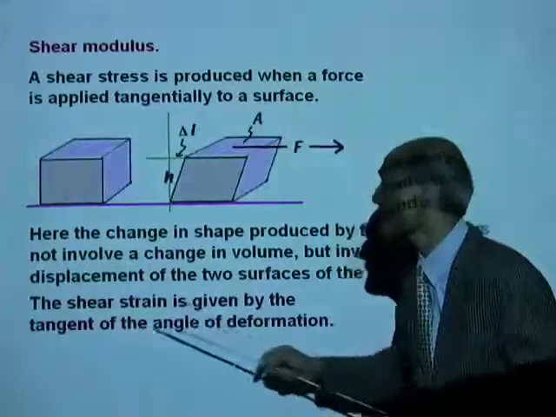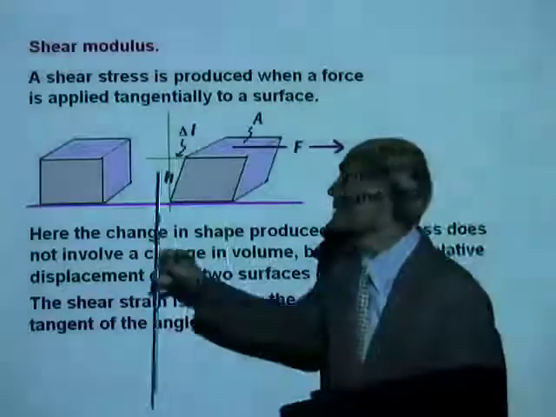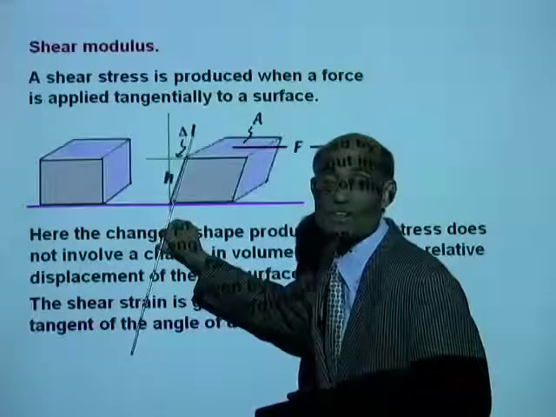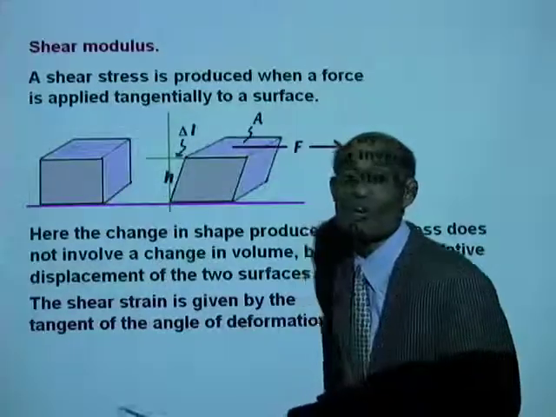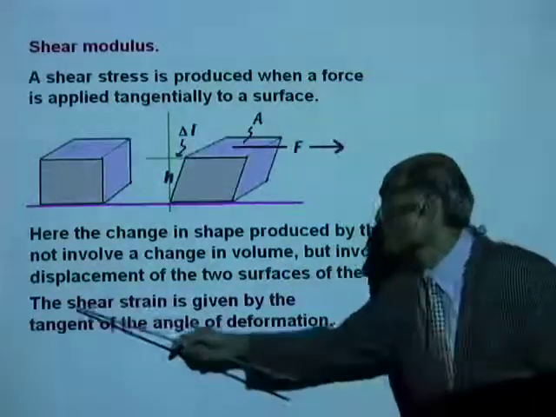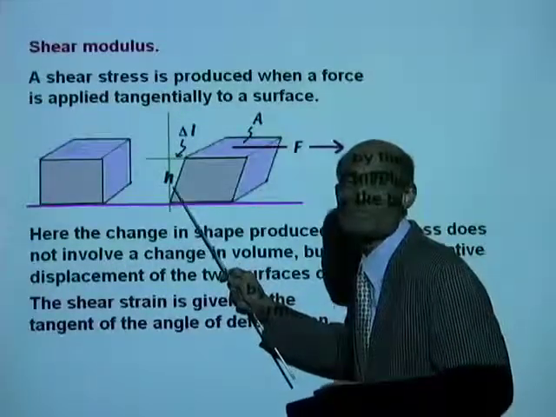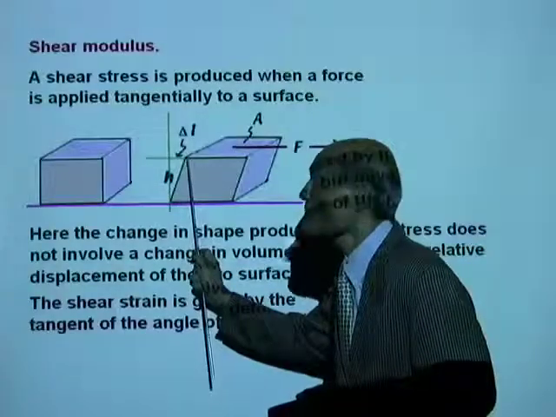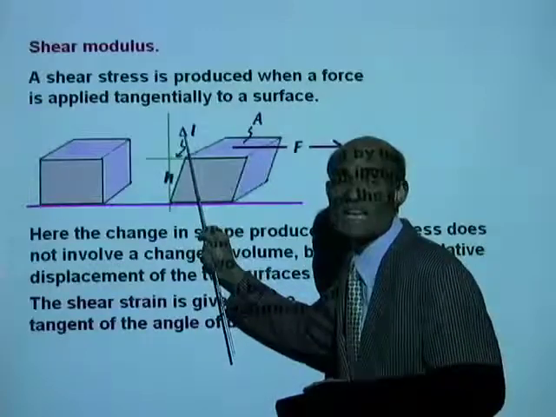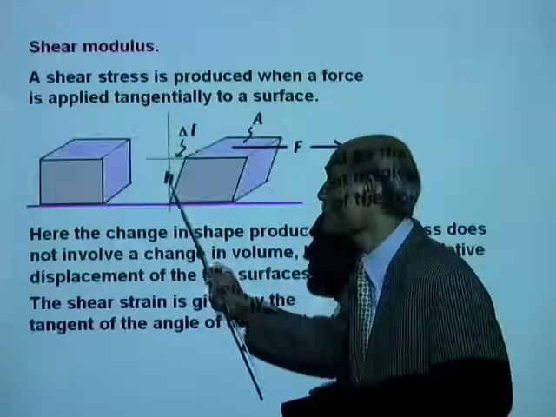The shear strain is given by the tangent of the angle of deformation. Now, this angle is the angle of deformation, and therefore the tangent of that angle will be the shear strain. Now, if this is the angle here, tell me what is the tangent? If the upper surface has been displaced by a quantity delta L, that means this length is delta L, and the height of the object is h.